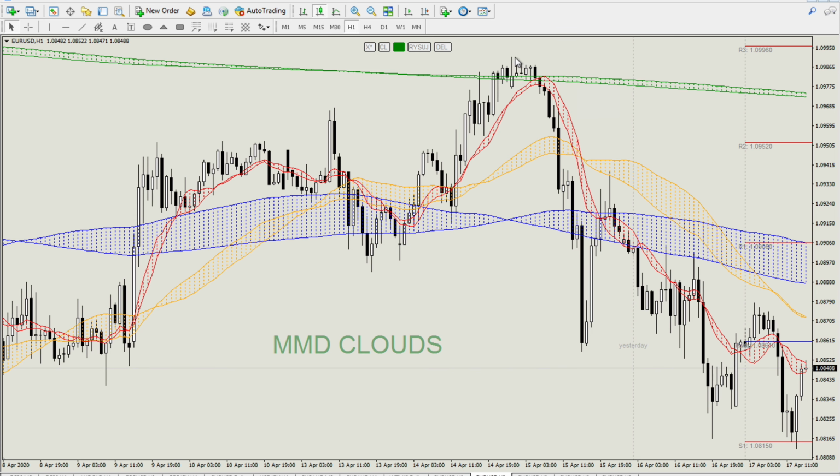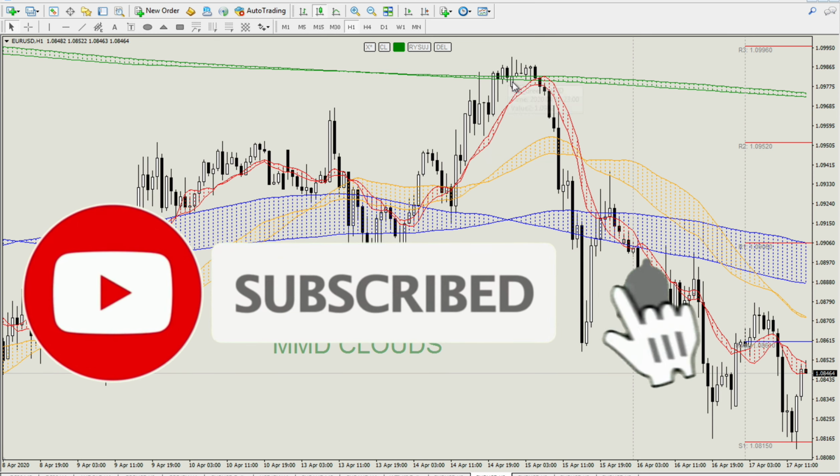We are coming to our point, and we are exactly at the green cloud. There is resistance for a very long time, 1, 2, 3, 4, 5, 6, 7, 8, 9, 10, 11, 12, 13 hours.